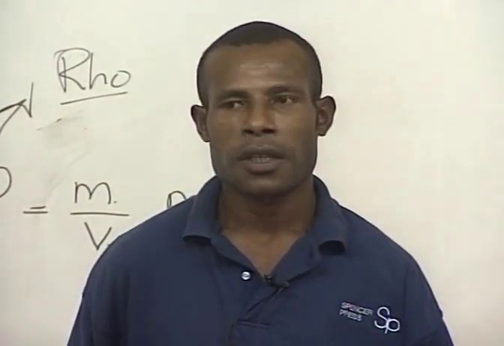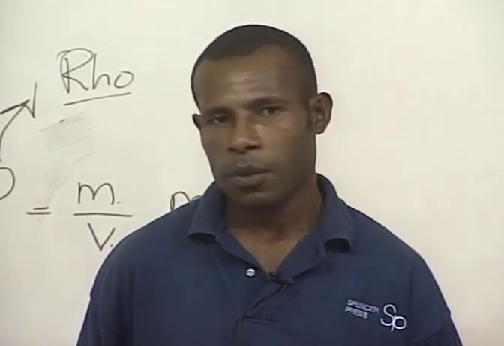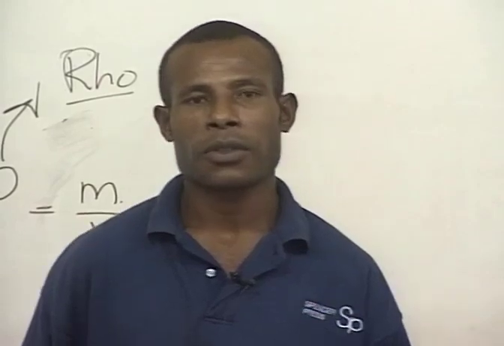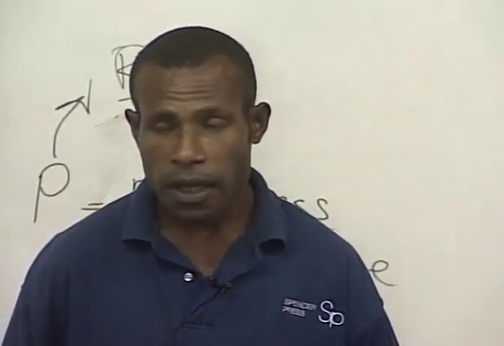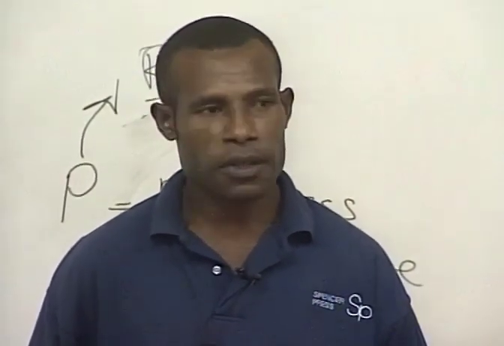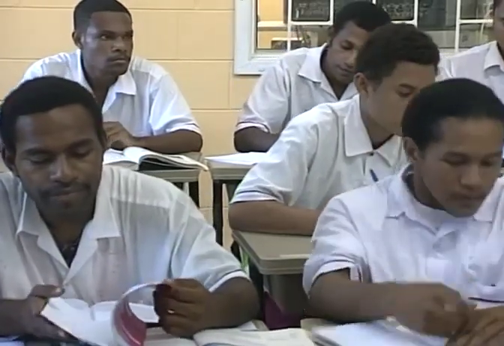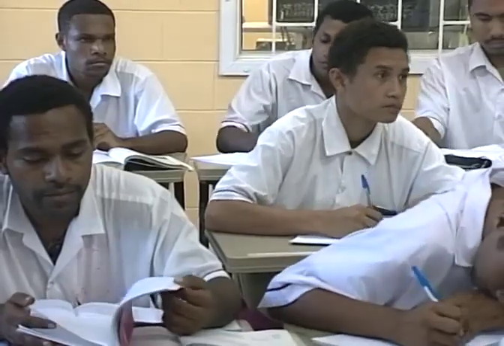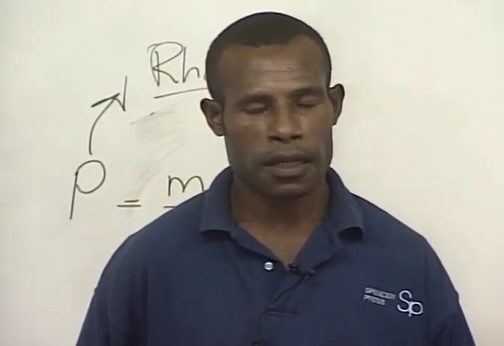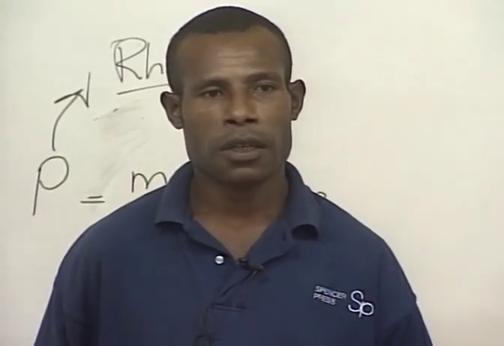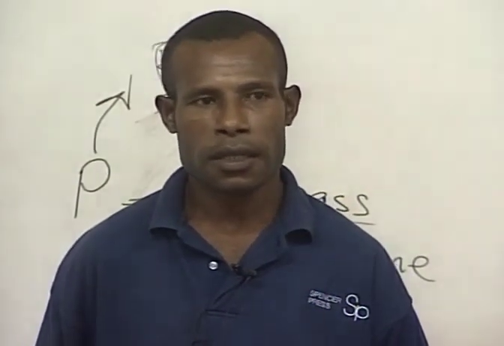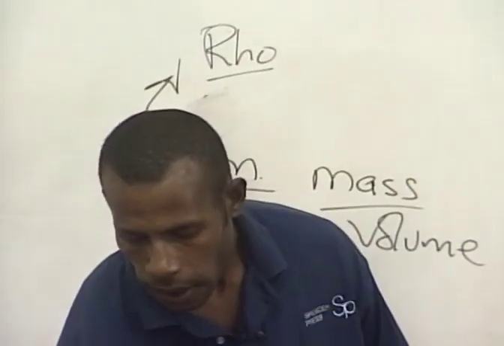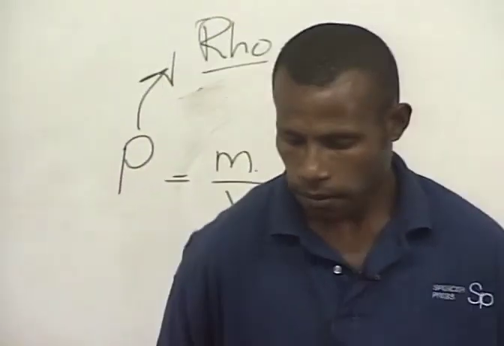Now pilot students, after we've gone through these notes, I will be asking you to copy the notes, and then I'll be giving you some problems or questions at the end of the notes. In the next lesson, I will be asking you to go through and measure the density of various substances. Right, quickly go through and take these notes down.